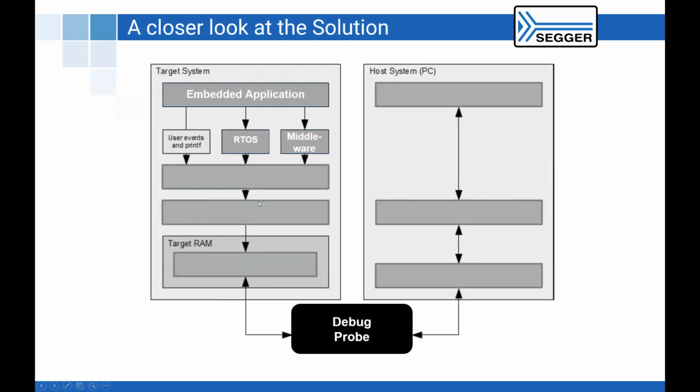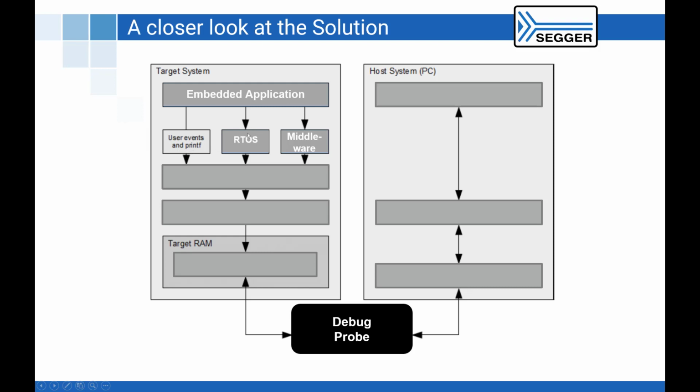So if we're taking a closer look at this, I have here the target system on the left and then the host system on the right. So you have your embedded application that's running on your target system, and that is creating all kinds of events like user events and printfs that you might have in there.